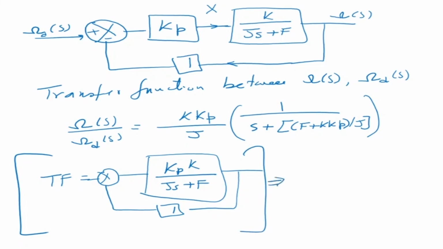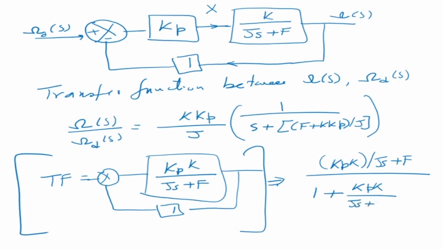If I reduce it further, it becomes equal to, on top in the numerator, kp into k divided by js plus f, and in the denominator 1 plus gshs, which is 1 plus kp into k divided by js plus f. Then we further simplify this.